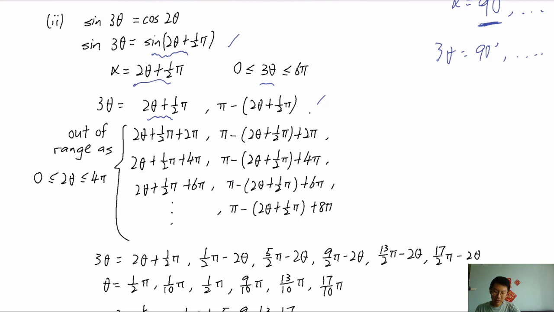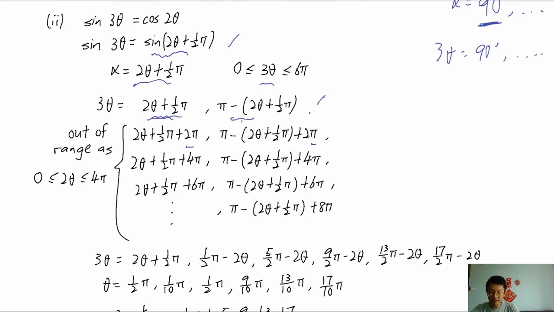With that, we have these two angles, which are in the usual 0 to 360, or 0 to 2π, range. If we want to extend the values, because 3θ goes from 0 to 6π, we just have to keep on adding 2π to the original values.